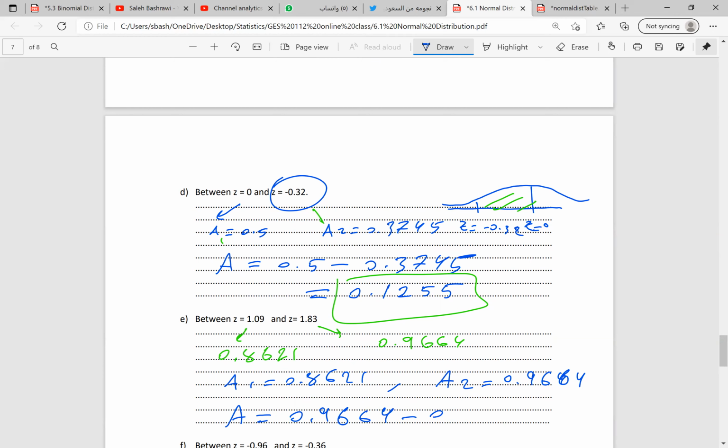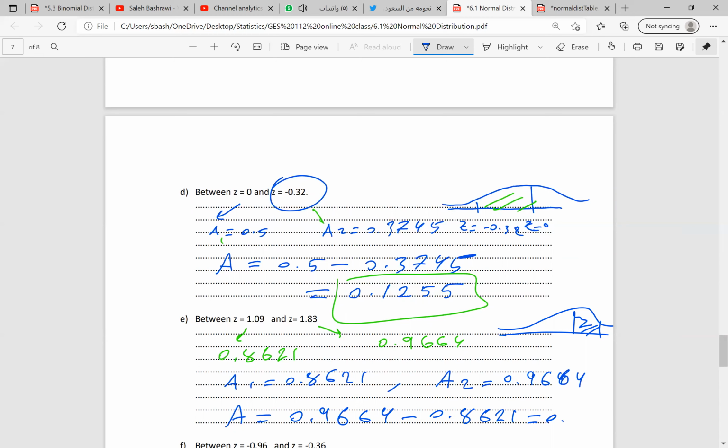It is between two values, so it is the larger one minus the smaller one: 0.9664 minus 0.8621.